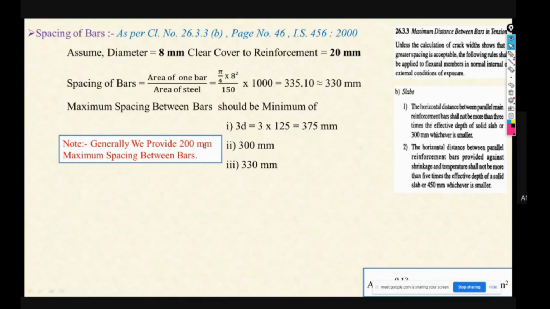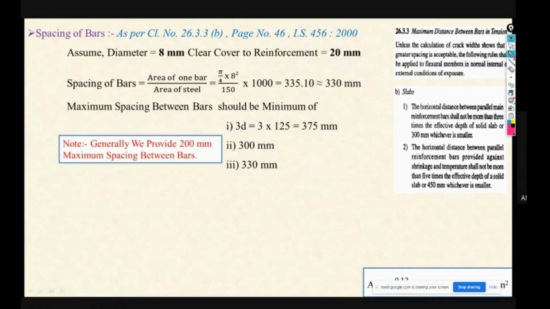Means we will compare this 200 mm spacing with these three values. Let's suppose in the calculations we got 150 mm spacing as required by this reinforcement. In that case we will provide this 150 mm spacing. Correct. Now we compare 3D, 300, then 150, and this 200. Now 150 is okay.